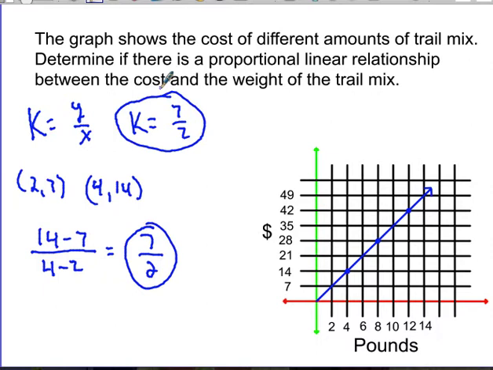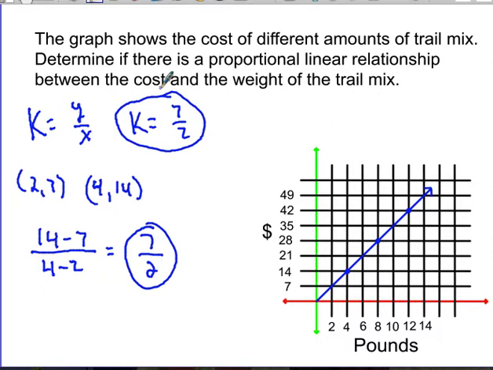Okay? So if it goes through the origin, it's always proportional. If it goes through the origin, then it is proportional. And if it is proportional, then we have just discovered a very important fact. What did we discover about things that are proportional?